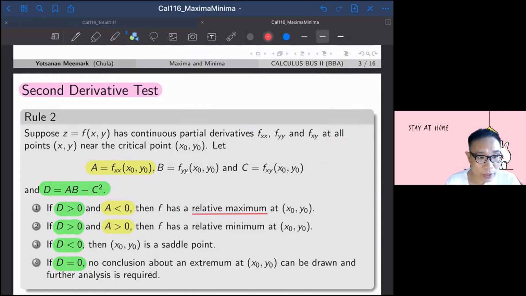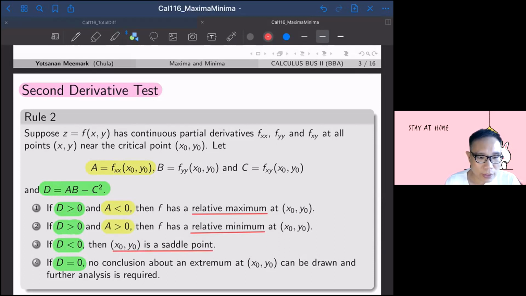When you have d positive and a positive, it is going to be a relative minimum at (x0, y0). And if you have d negative, the point (x0, y0) turns out to be a saddle point.